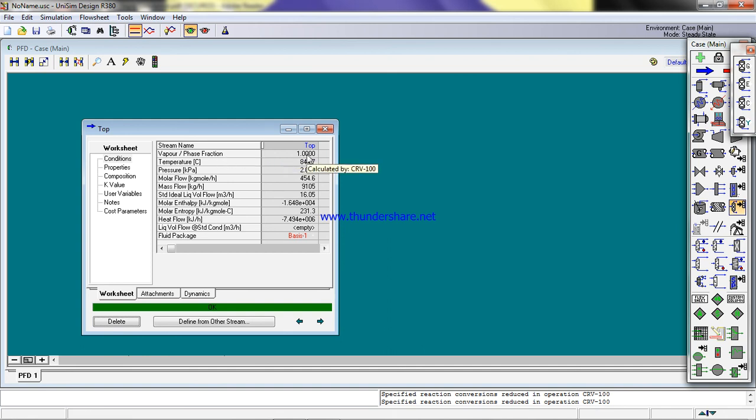That means the product going out there is 100% vapor. Okay, it's 100% vapor, and it's leaving at a temperature of 844 degrees Celsius. Something that started with 25 degrees Celsius is now ending with 844.7 degrees Celsius.